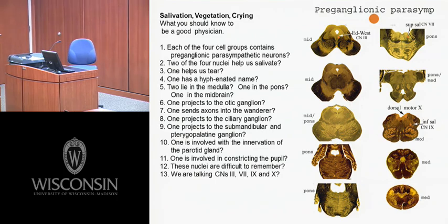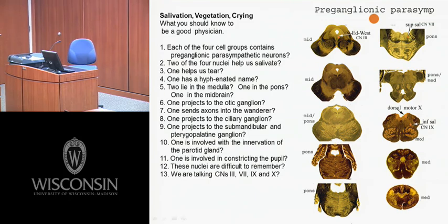And now, as you'll find out when we get to head and neck dissections, he could write a book on preganglionic parasympathetics. But you know that there are 4 cell groups that provide preganglionic parasympathetic axons into particular nerves.